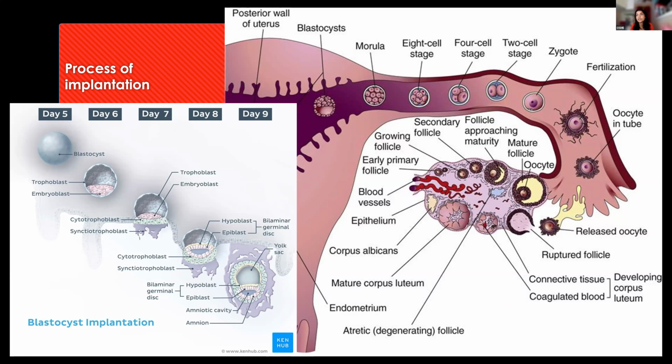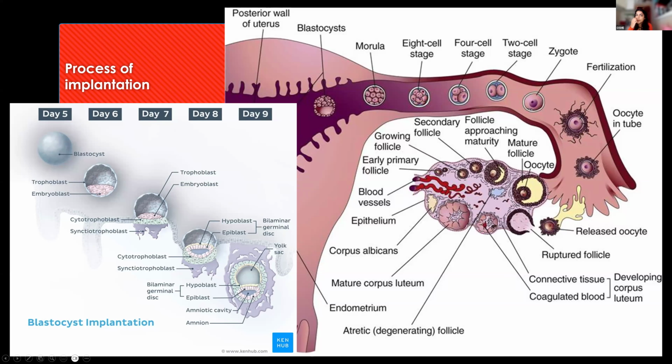And this is really important to ensure that there is sufficient nutrient exchange and things like that. Another interesting thing is that the trophoblast cells do secrete hCG, and this is important to maintain the corpus luteum to keep going with progesterone production until the placenta can produce it by itself.